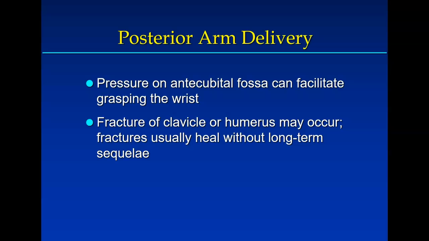If you can't, pressure on the antecubital fossa will basically flex the arm so that will facilitate grasping the wrist. You then sweep the posterior arm across the chest and out. Fracture of a clavicle or humerus may occur, but most of these fractures usually heal without long-term sequelae.